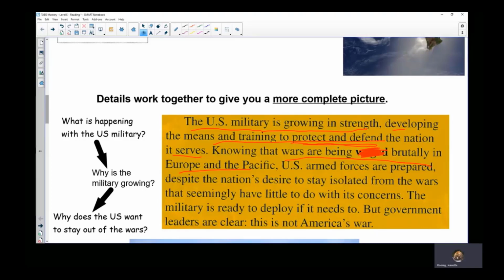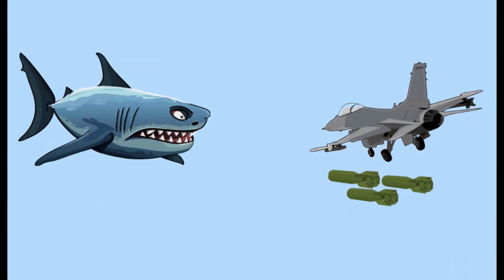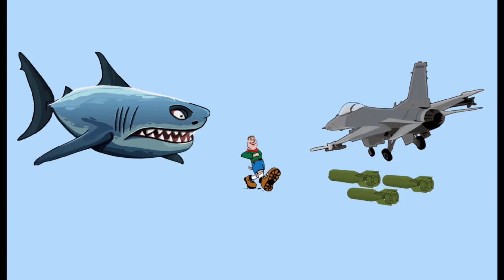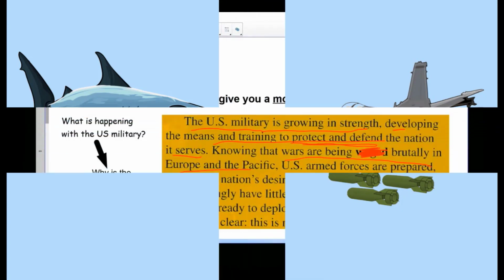Okay, now this brings back your point originally, but it's not America's war. Very good point, and people here were arguing about that. But think about it this way. If, let's say, your neighborhood is right between two different gang territories, and these two gangs are constantly fighting each other, and you're right between them, are you just going to sit there and pretend like nothing is going on?